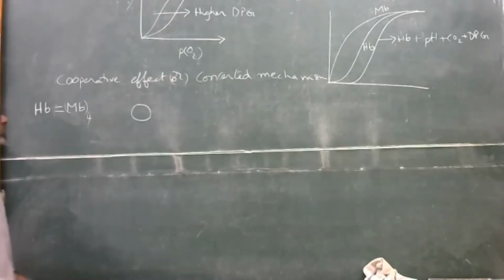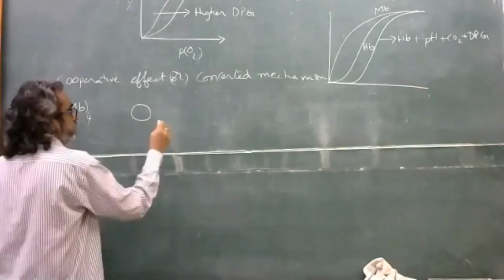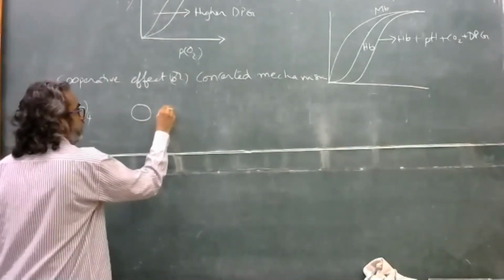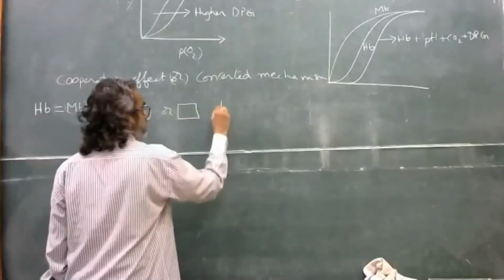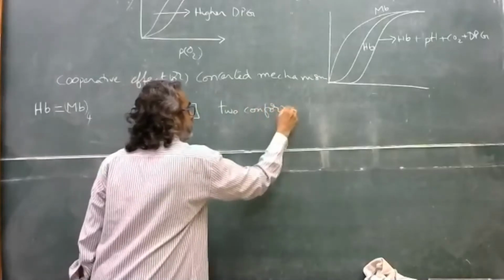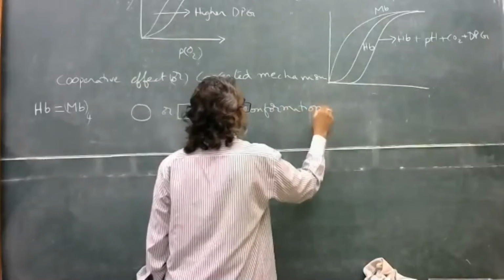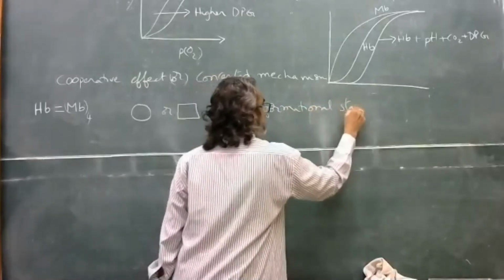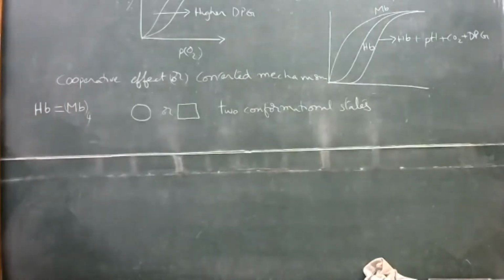So each unit you think of as a protein which has 2 conformational states, which are in equilibrium with each other.